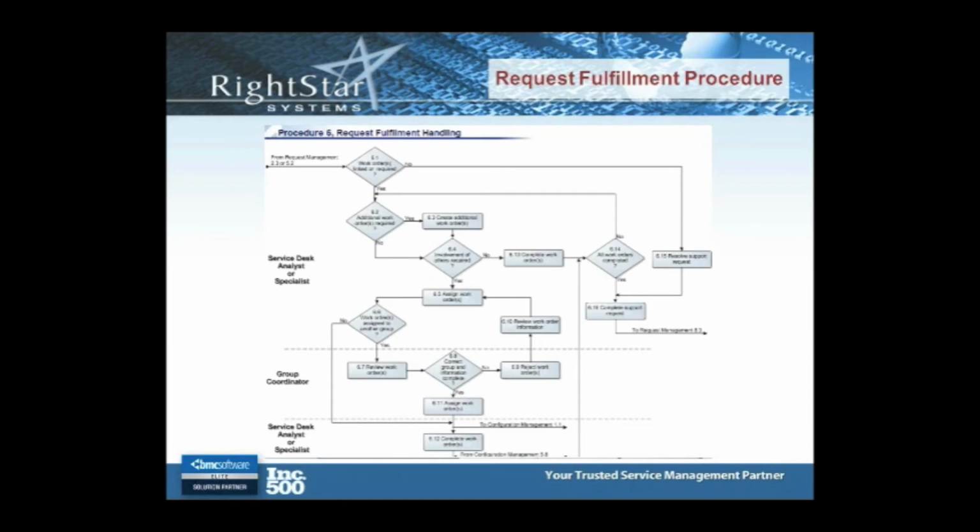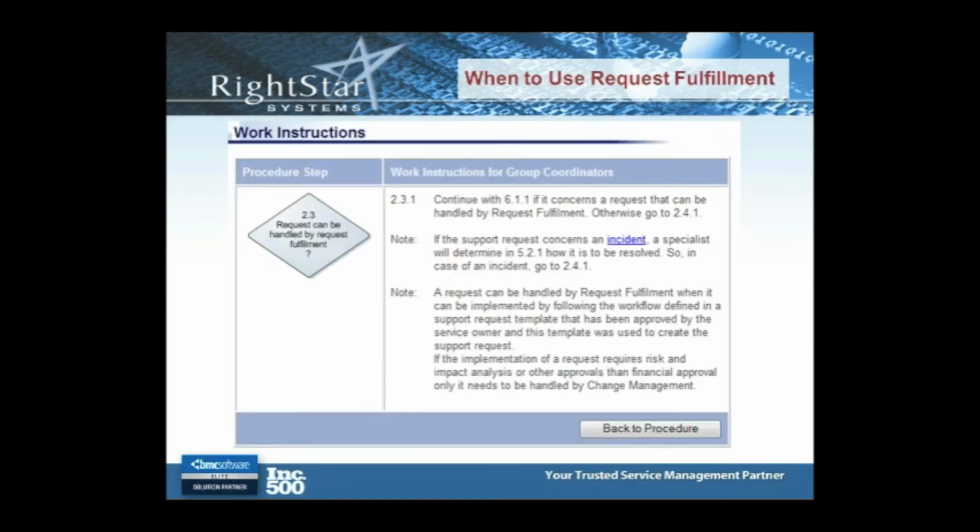A good example would be if a customer were simply asking a question of the service desk. Nothing was broken, it's not a true incident, it's not a break-fix scenario, they're just requesting service of sorts. So again, request fulfillment is one of the new processes that was introduced in version 10.1.